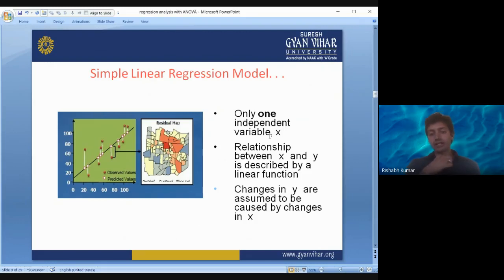Changes in y are assumed to be caused by the changes in x. In our example, why is there a change in weight? Because the height of a person is increasing, therefore the weight of the same person is increasing. So the change in weight is due to the change in height.